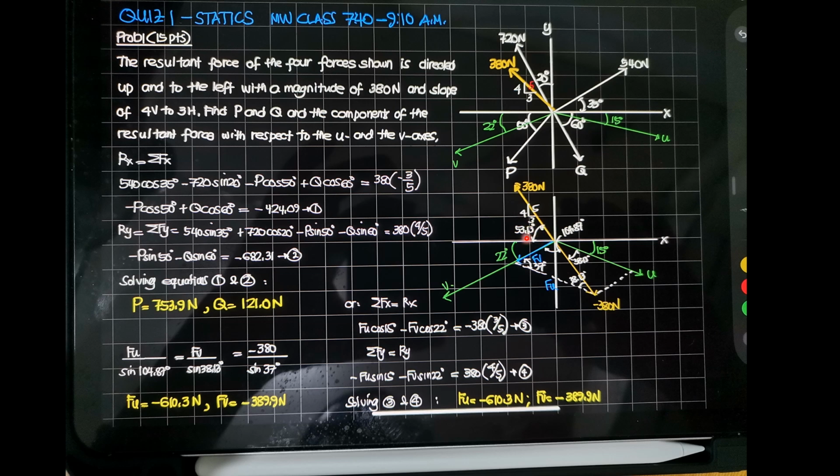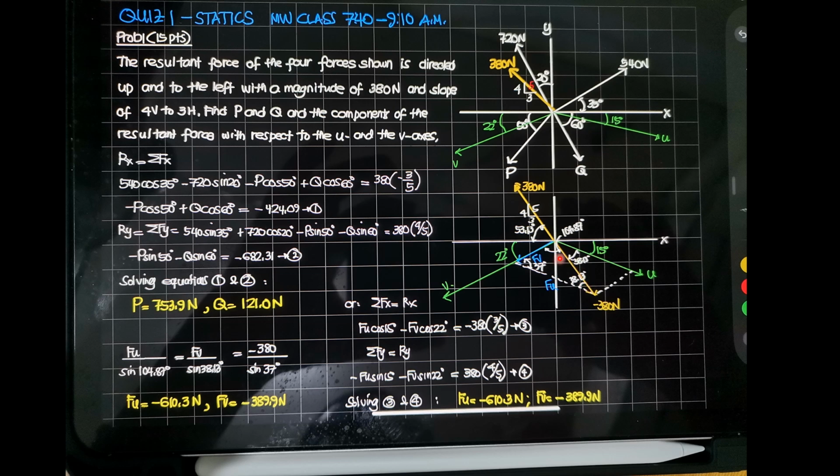That's why you have 53.13 degrees, which is also this total angle here. Since there is already 15 degrees, 53.13 degrees minus 15 degrees is 38.13 degrees. So the angle that the resultant, negative 380, makes with the u-axis is 38.13 degrees, which is the same as this 38.13 degrees.